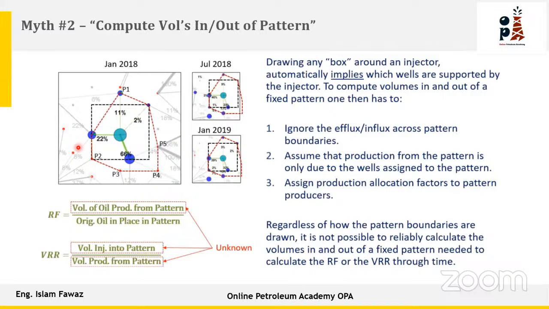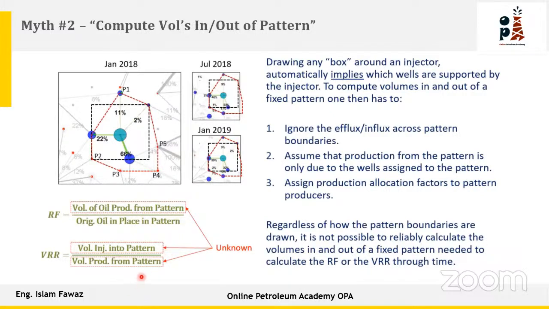So those two metrics you have to keep in your mind: recovery factor and the VRR for each pattern. The volume of oil produced from the pattern is unknown, divided by original oil in place. We have some uncertainty for this point. But for VRR, the volume injected is also unknown. You inject at the surface, and I will show at the end of these slides how to make sure the injected water is going to your pattern.